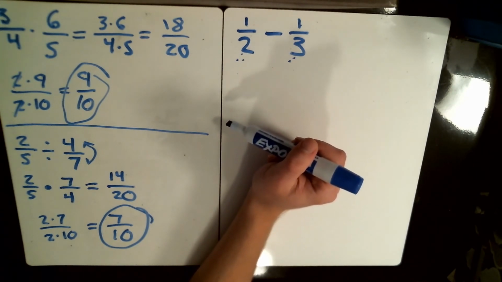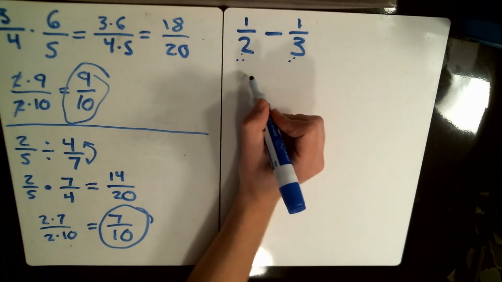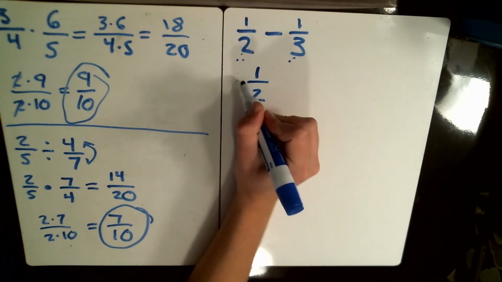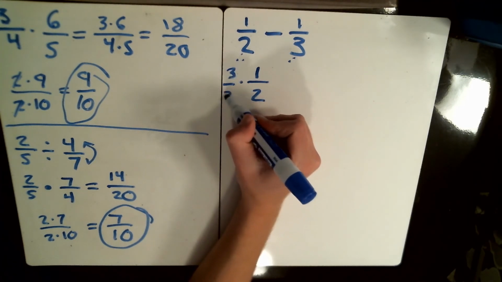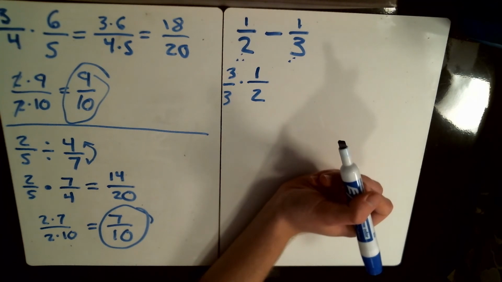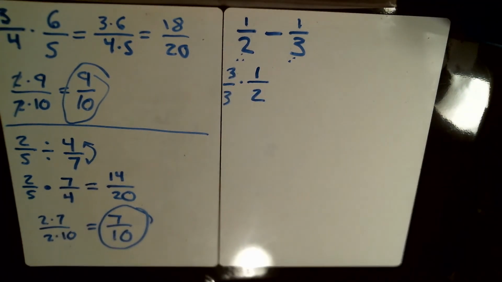So what I'm going to do here is I'm going to times the 1/2 here. I'm going to get there to be a 3 on the bottom. I'm going to times it by 3 over 3. Okay? Because when I times by 3 divided by 3, that's just 1, right? And so I didn't change anything in the fraction.